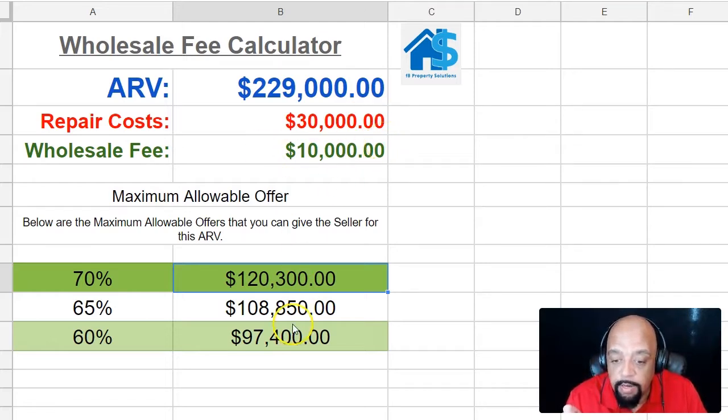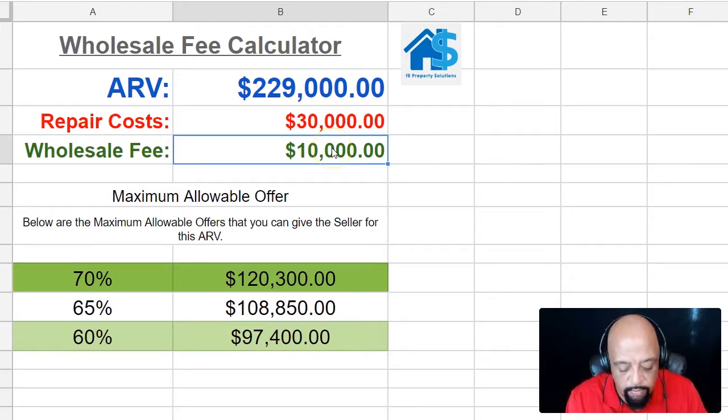But let me show you something. Let's say you sell it at $97,000. Do the math on that. You can buy it at $97,000 and still sell it at the $130,000.